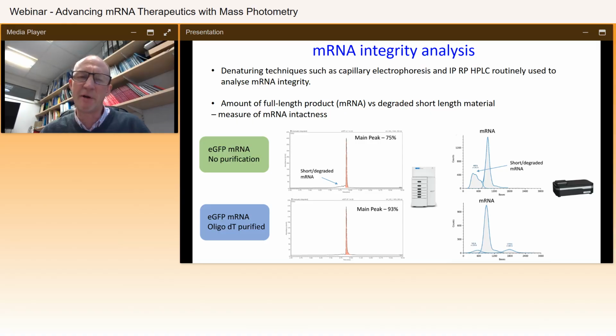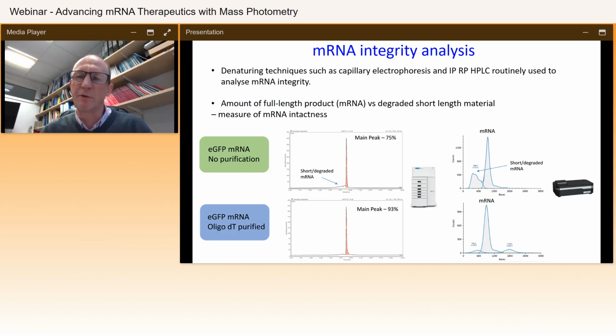So if we take the area of the full-length product versus the area of that small amount of degraded mRNA to the left-hand side, that allows us to calculate the percentage of impurity or purity that we've got there. And you can see in the first example, without purification, the ion pair reverse phase chromatography gives us a number of about 75% pure or 75% intact.